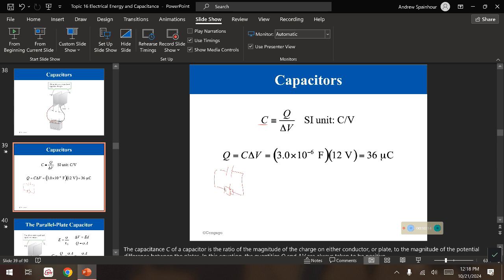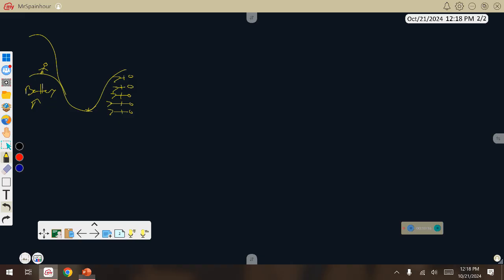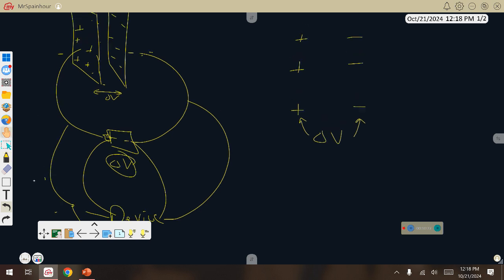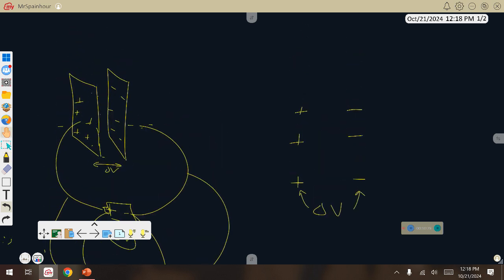So the question then becomes, how do you in fact change C? Well, if we come back right over here, what are the ways that we could find to store more charge? The first simple thing I could do is make the plates bigger.